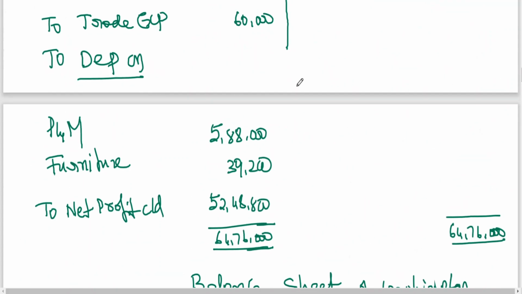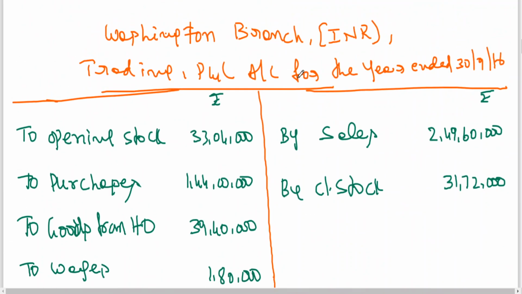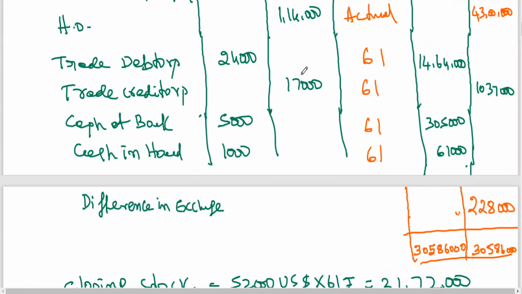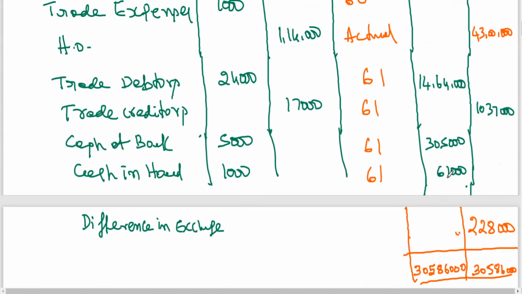Then cash at bank, we got the value here, 3,05,000 cash at bank, and 61,000 cash in hand.